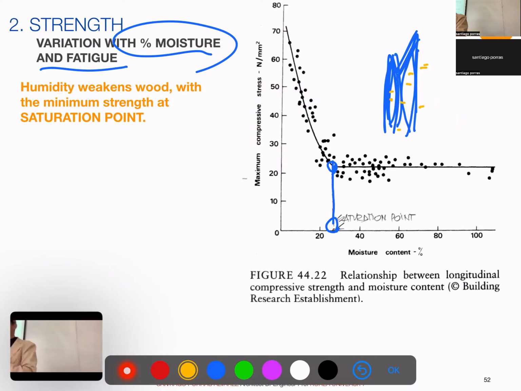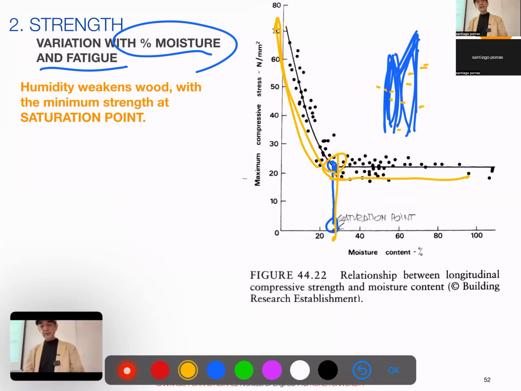This is what we call saturated. At saturation is where the timber is weakest. If you reduce the humidity from here, the timber becomes stronger. If it gets more water, it will not be weaker, right? Because the water in between spaces does not change, it's not structural anymore. So the saturation point is the weakest point, right?